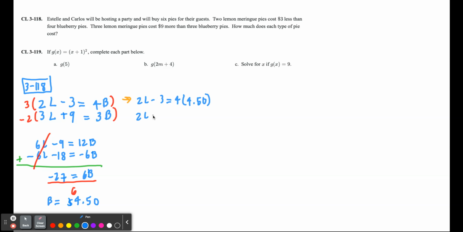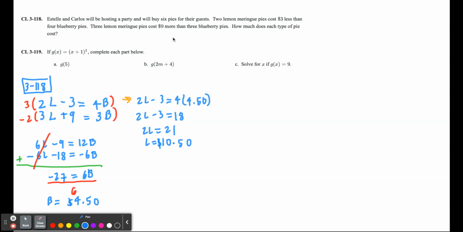So 2L minus 3 equals 18. So 2L equals 21. And then so L equals 10.50 when you divide by 2. Right, you get 10.5. So those are your prices.